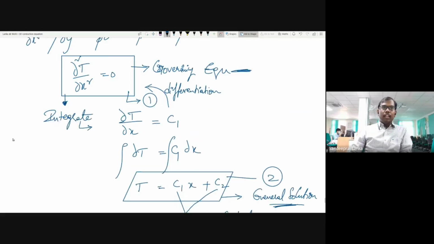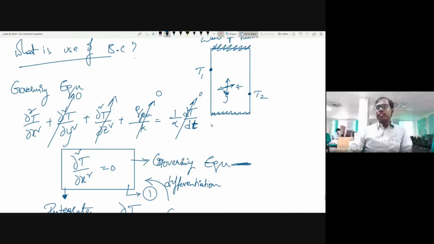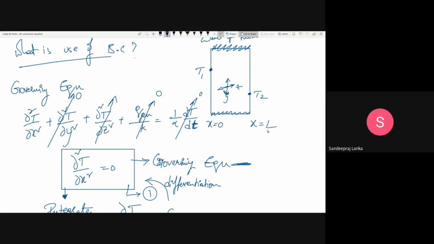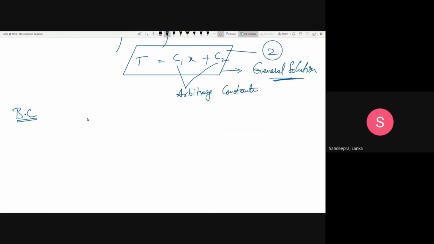Here this is x = 0, and on the other side x = L. The boundary conditions will be the temperature boundary condition, or the Dirichlet boundary condition, which I can express like this: at x = 0, the temperature is T1; at x = L, the temperature is T2. Let me call this 3, this 4.